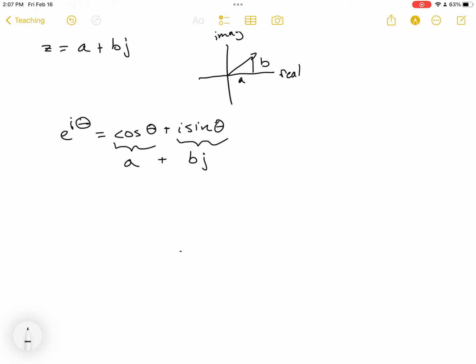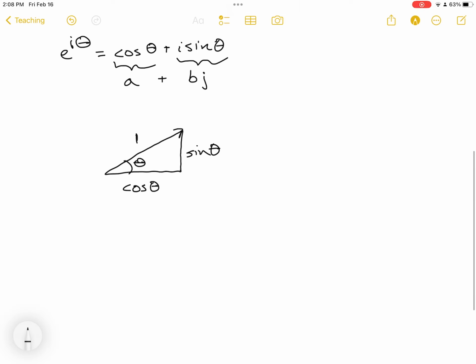And if we look at some triangle or a vector with an angle theta, if the magnitude of this vector is 1, then we have a cosine theta down here and a sine theta right there. So cosine theta + j times sine theta is a vector representation of a complex number that has the angle theta in this real-imaginary plane.